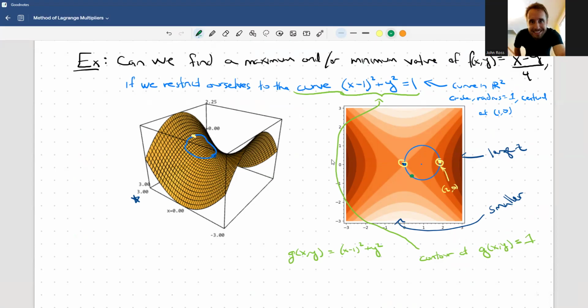So x is equal to 1/2 here, and y is equal to negative root 3 over 2, x equals 1/2, y is equal to positive root 3 over 2. So we would have to go in and examine all 4 of these points to identify which one has the largest f value, that would be our maximum, and which one has the smallest f value, and that would be our minimum.